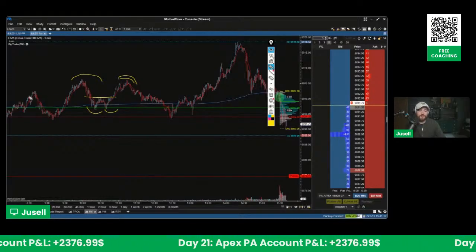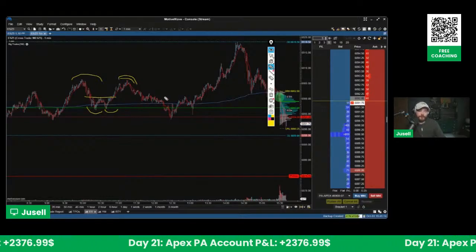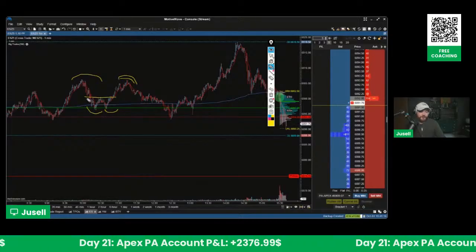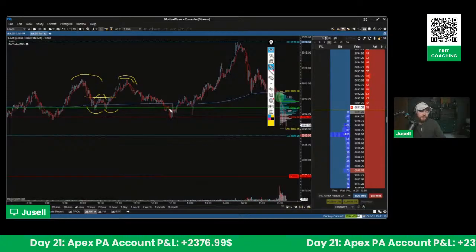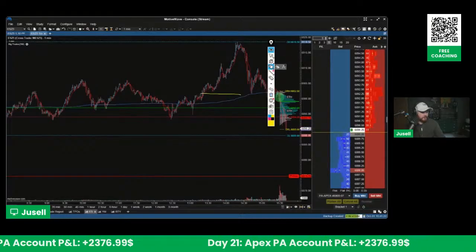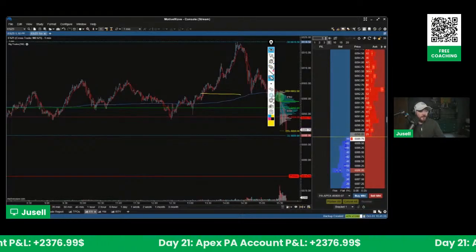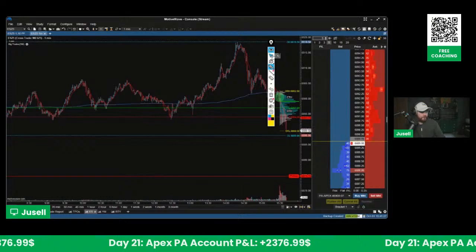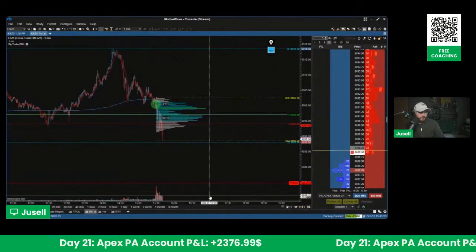Someone who looks at even more short-term price action could see another pattern here. Same picture, but different ideas of what's going to happen.